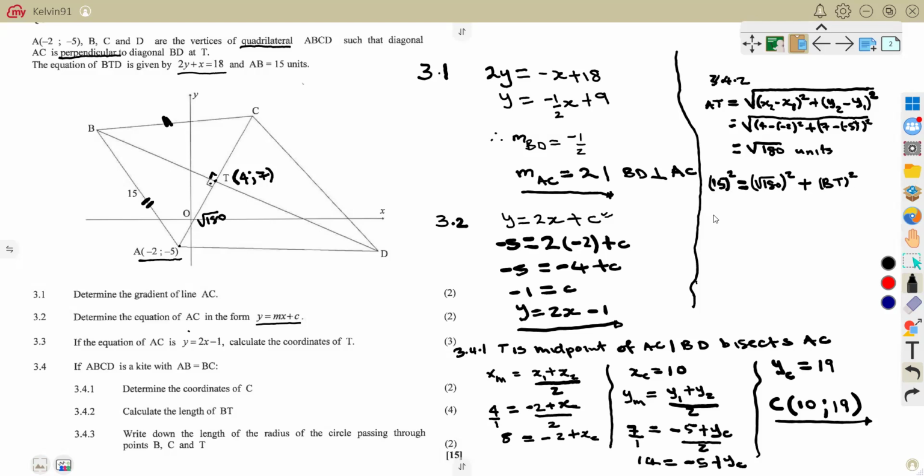If we simplify, it becomes 225 minus 180 must be equal to BT squared. Then simplifying, it's 45 being equal to BT squared. When we find the square root on both sides, we are not going to put plus or minus because we are dealing with distance. It therefore means that BT must be equal to 3 root 5.